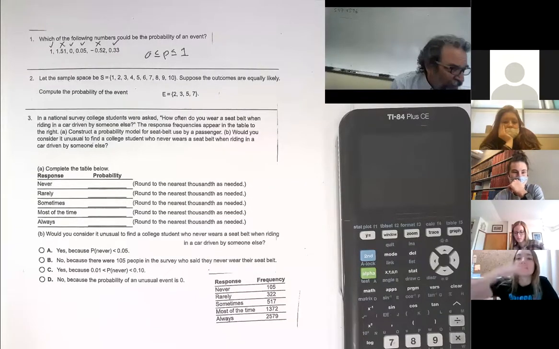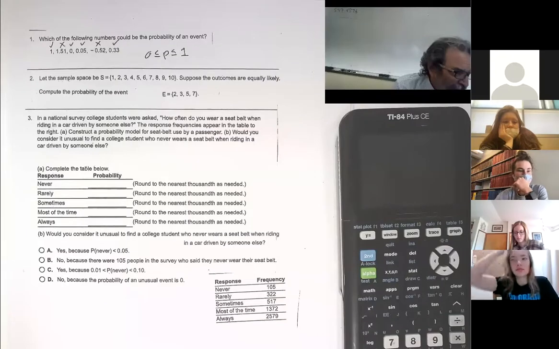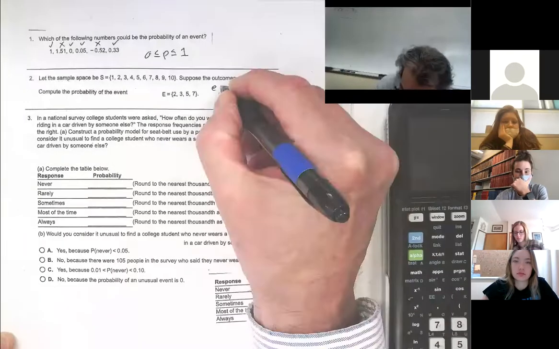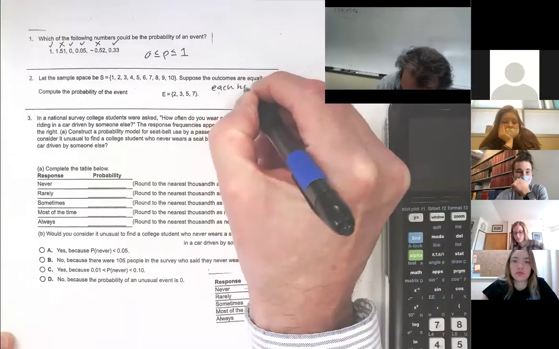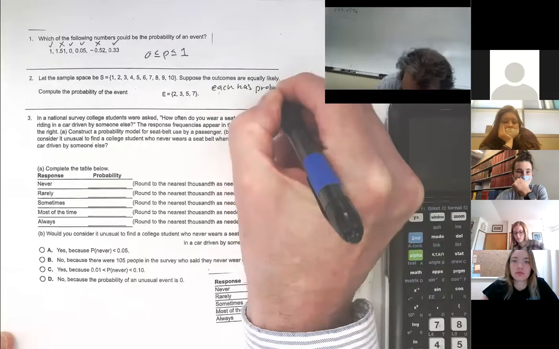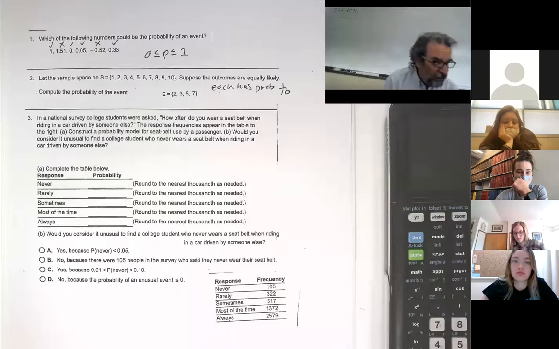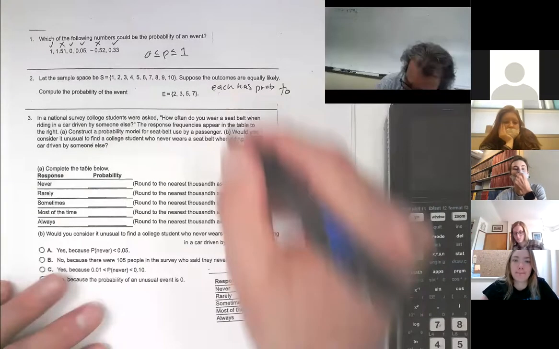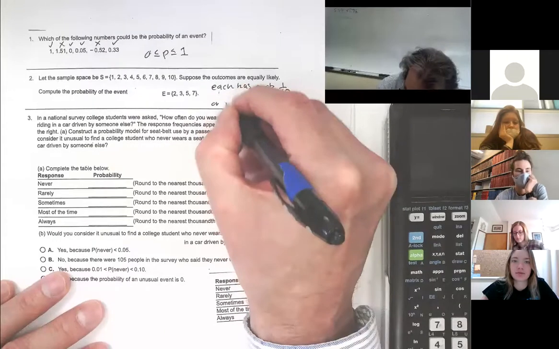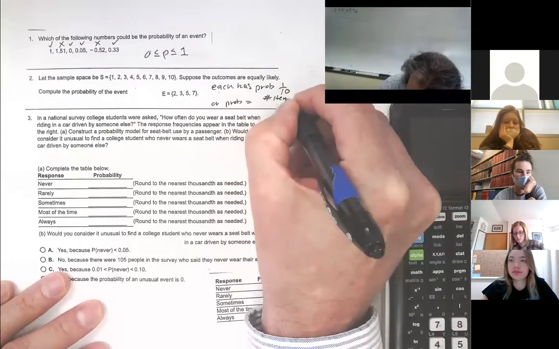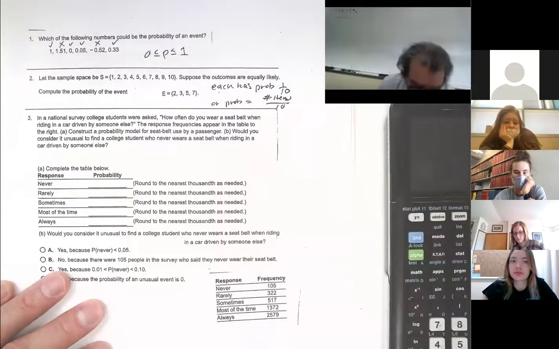Number 2, let the sample space S be the numbers 1 through 10. Suppose the outcomes are equally likely. So that means each has a probability 1/10, like that. Another way to do it is probability equals number of items over 10, since there's 10 of them.